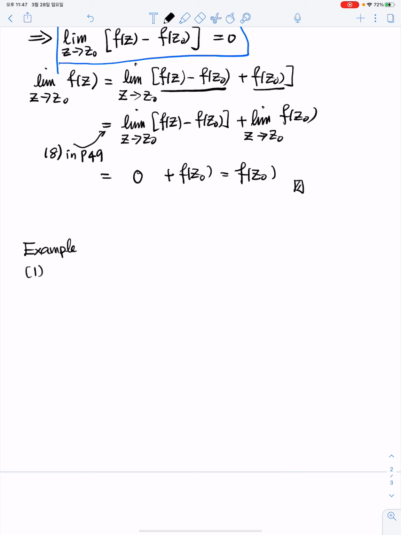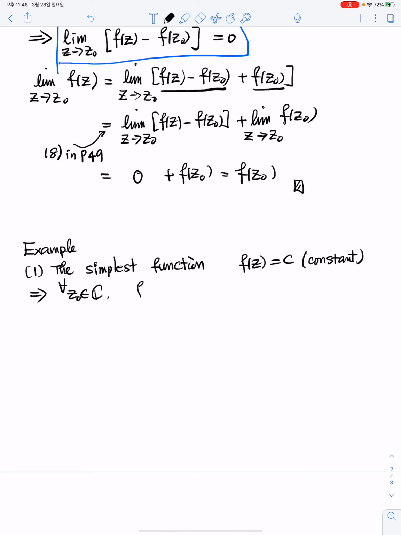Examples. So number 1. What is the simplest function you can consider? The simplest function is a constant function, right? So f(z) equals constant c, where c is a constant. So in this case, for every z0 in the complex plane, f'(z0) is constant 0.